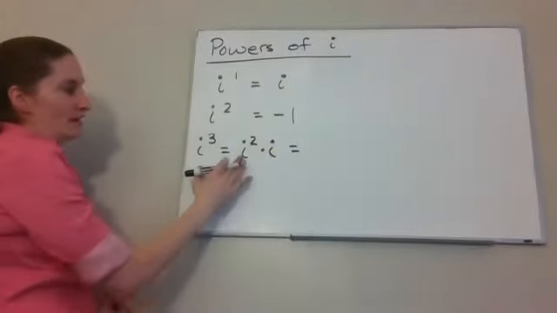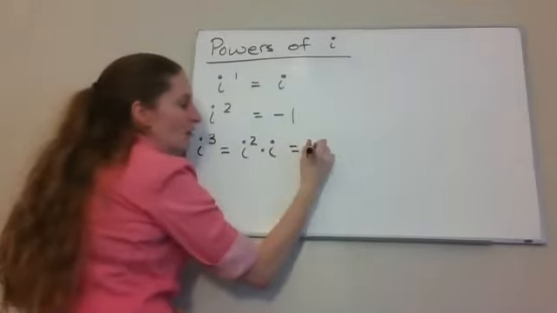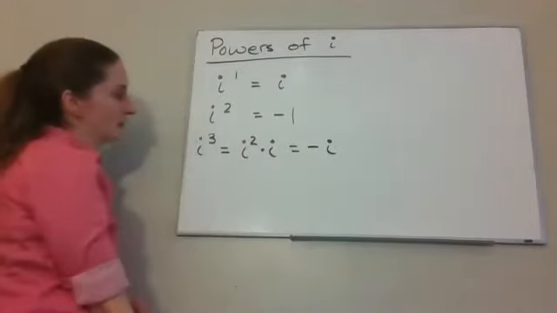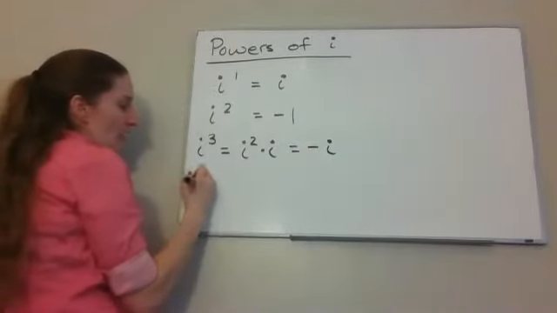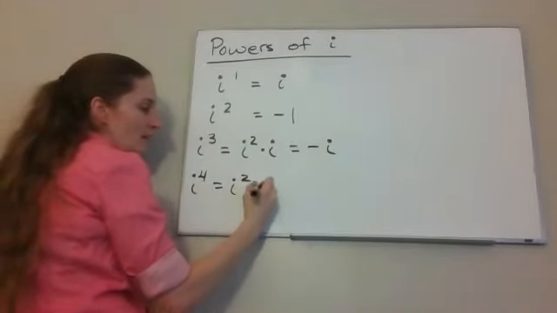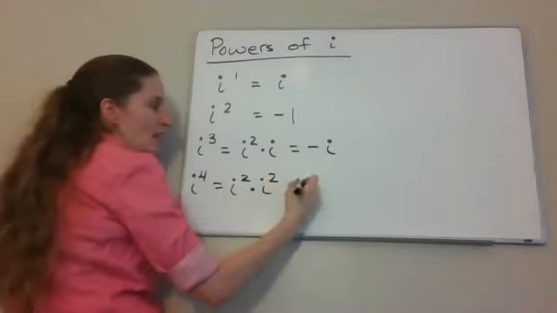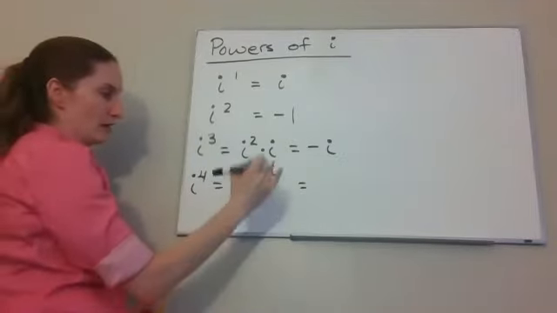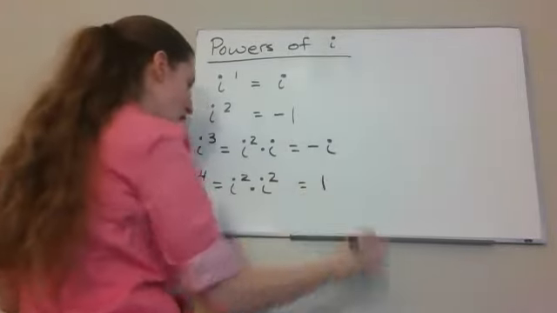So I know that's -1 times i, which is -i. And i to the fourth, that's the same thing as i squared times i squared, which would be -1 times -1, which is +1.